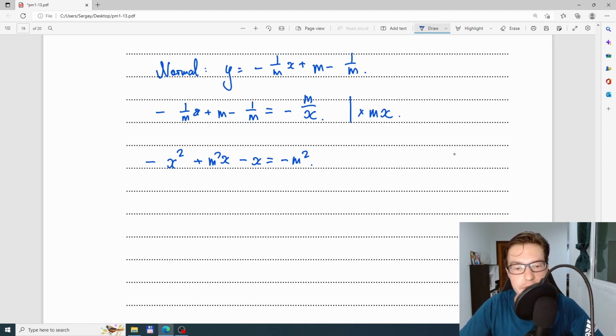Now for the next step, I'm going to rearrange everything and collect all the terms on the left side. So minus x squared plus m squared x minus x plus m squared equals 0. Now that is obviously a quadratic, and let me multiply by minus 1 first.